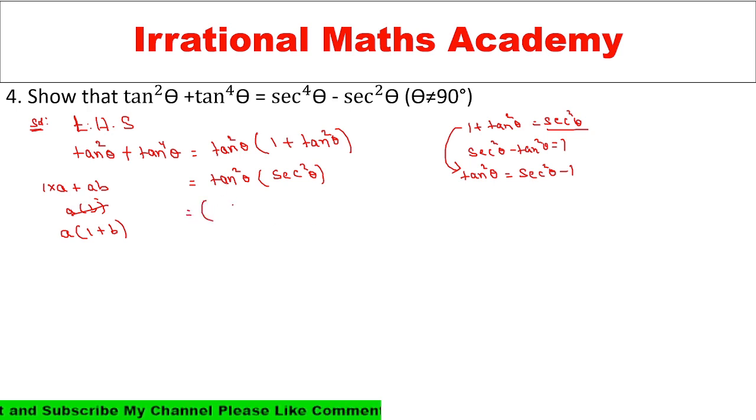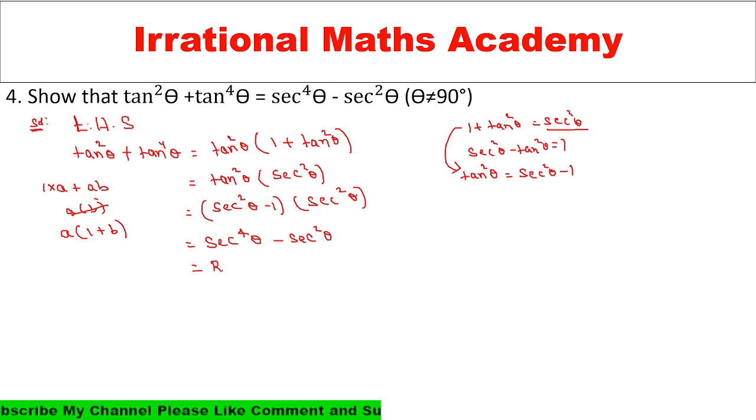So it is secant square theta minus 1 into secant square theta. If I multiply now, I'll get secant power 4 theta minus secant square theta. This is the right hand side. So again, we proved this one.